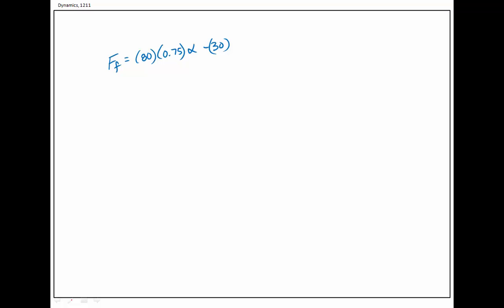All right, and then we could also rewrite our moment equation as writing the friction force equal to negative 7.2 times alpha plus 30 times 0.2, remember that was the load that was applied, divided by 0.75.